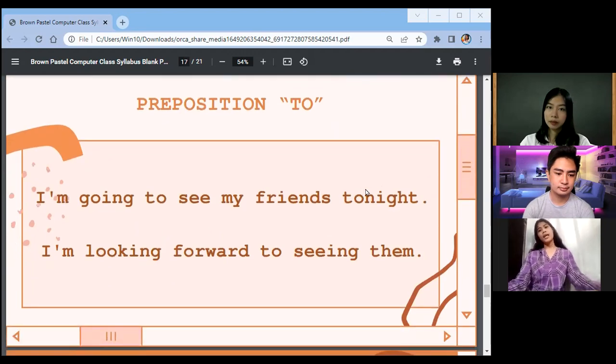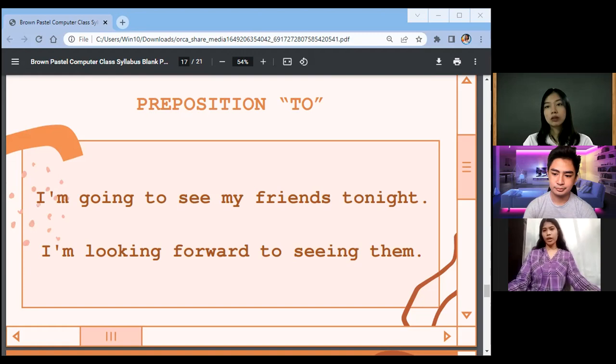Okay, here, we have our preposition "to" used in two different sentences again. The first sentence goes like, "I'm going to see my friends tonight." And the second sentence, "I'm looking forward to seeing them." The first sentence used the word "to" not as a preposition, but as a part of the infinitive verb.